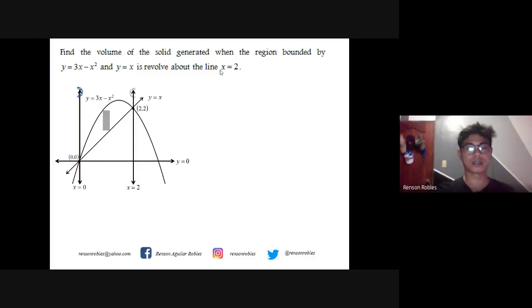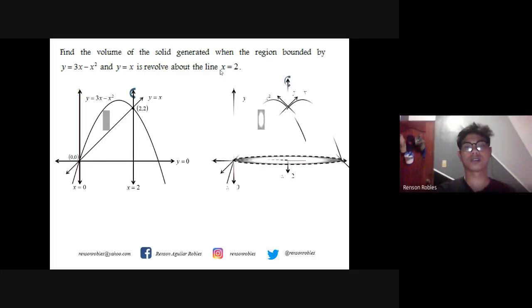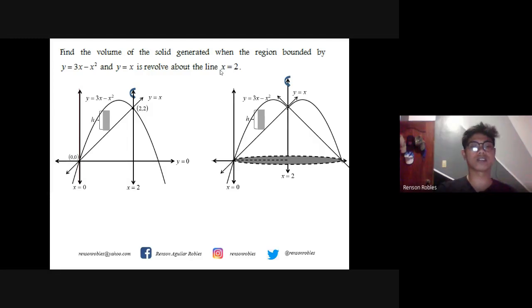What will happen? Okay, then we draw the solid. And then we draw the elements. That's your h. Okay, how do you write your h? It is still y upper minus y lower. Then how about your r? What about your r? That's your dx.